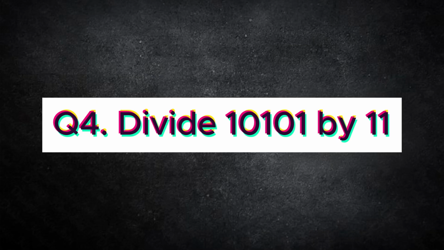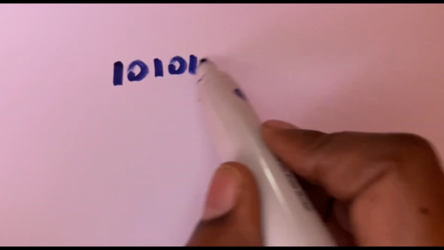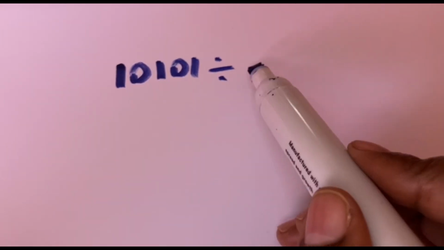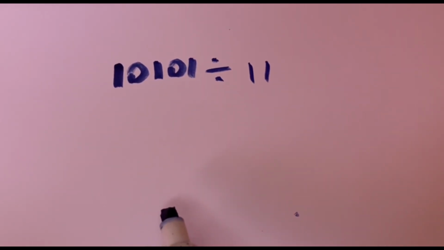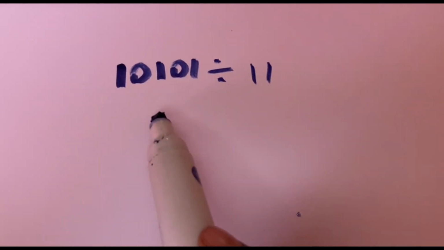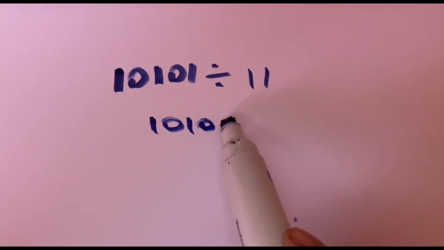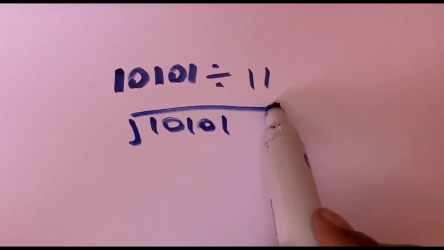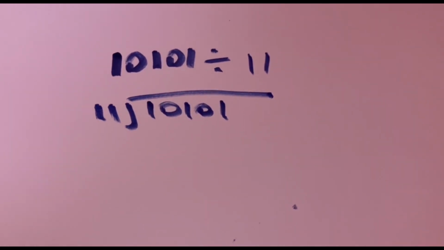Let's say 10101 divided by 11. Okay, we have to divide 10101 by 11.